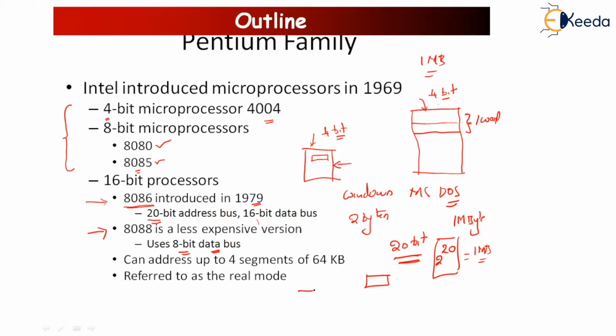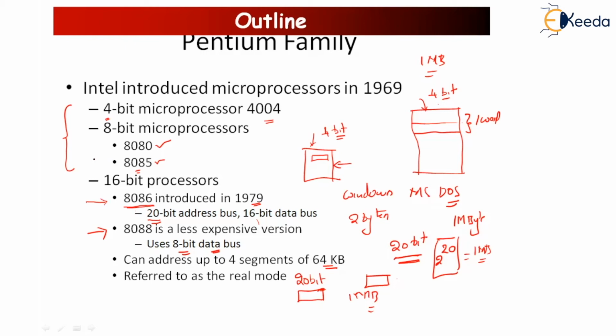And the address bus has 4 different parts, in which a total of 20 bits would be calculated to address a total of 1 MB. And next, it can address up to 4 segments of 64 KB. You know that the 8086 main memory has been divided into various segments.